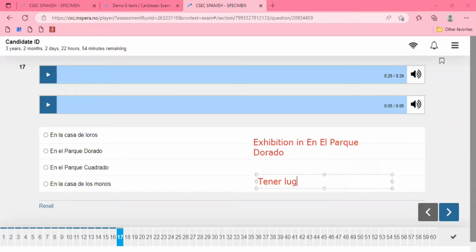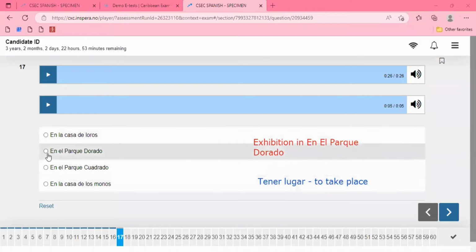Very important vocab item right here, tener lugar, to take place. So the first question on this little passage, scenario, announcement, yes, that's the best word, is where is the exhibition going to take place? And that was directly said to us, so it's en el Parque Dorado, right?